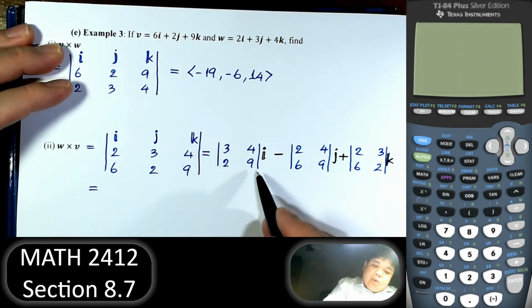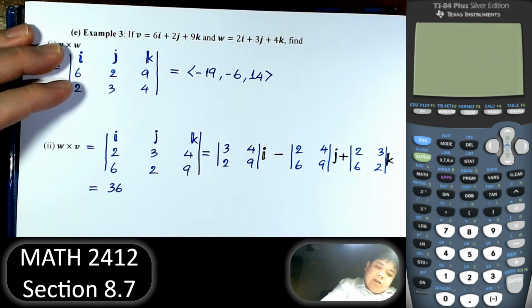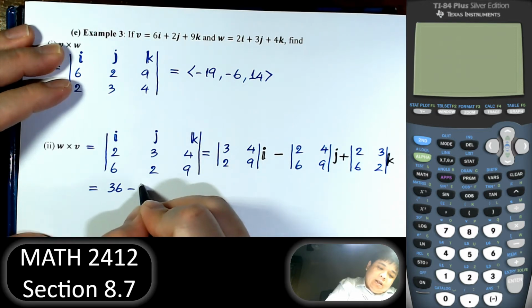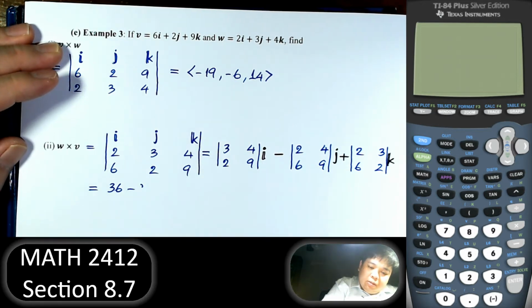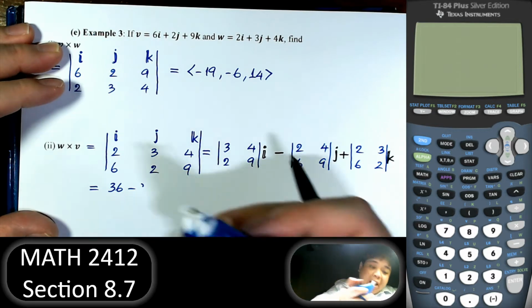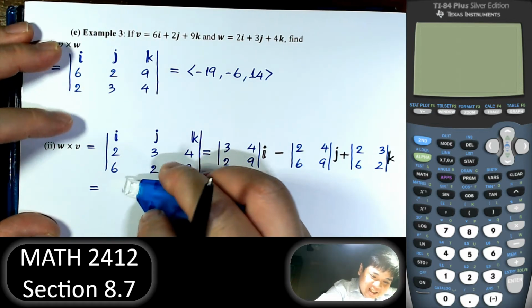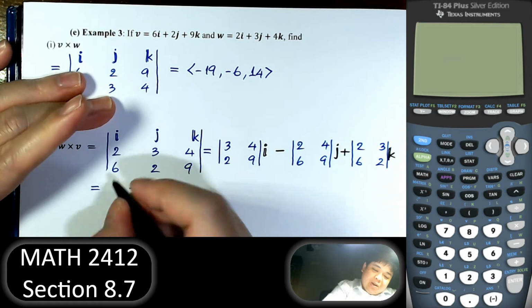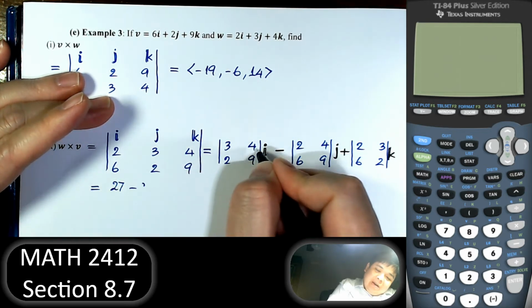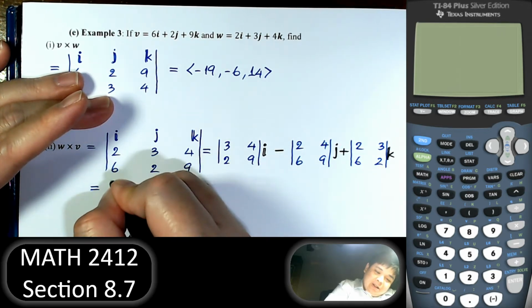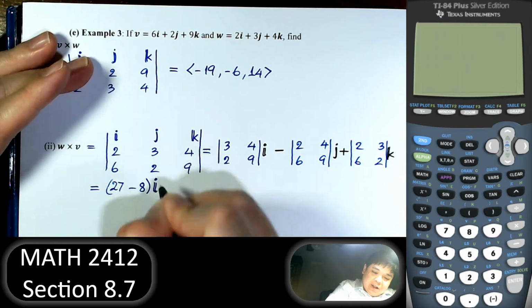Right, so 3 times 9 is 27, minus 8 in the I direction.